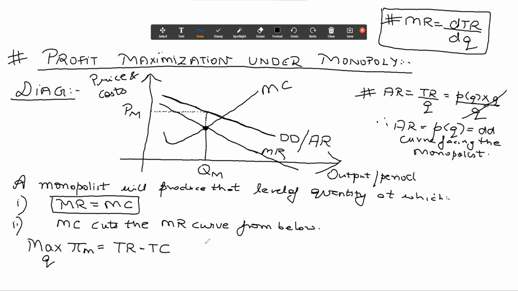If you look at the first order condition, whenever we do the maximization or minimization, we put the first order derivative equal to 0.